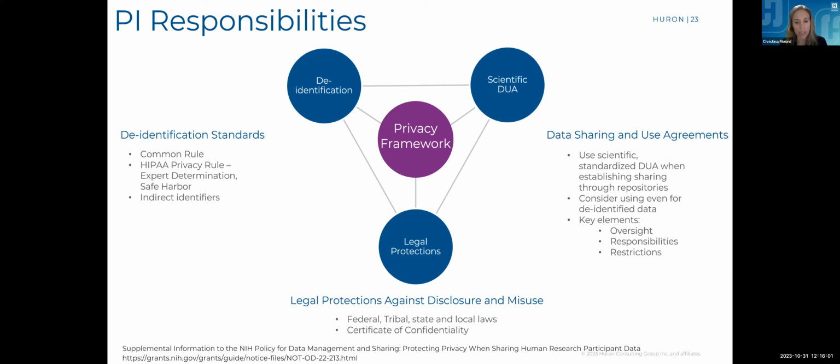The Privacy Rule sets a higher bar and includes 18 direct identifiers that must be removed under the safe harbor provision, or the data must otherwise be confirmed through expert determination to be de-identified. The PI must also consider indirect identifiers that may result from qualitative research data.